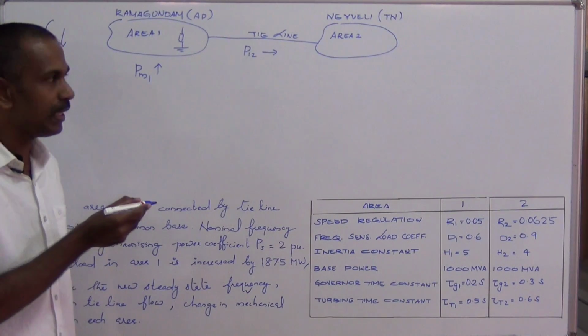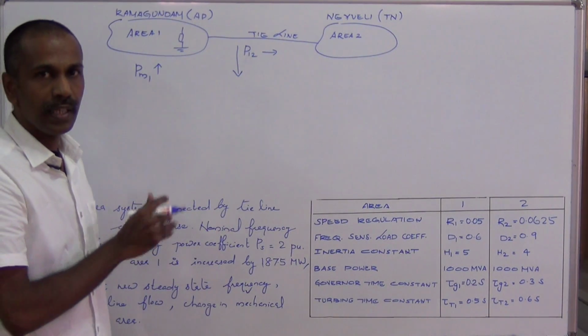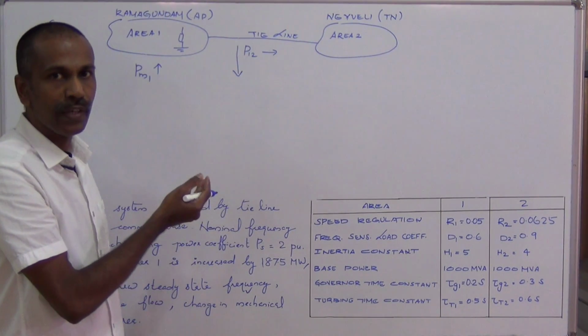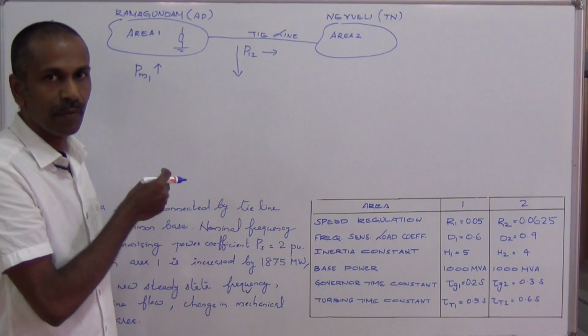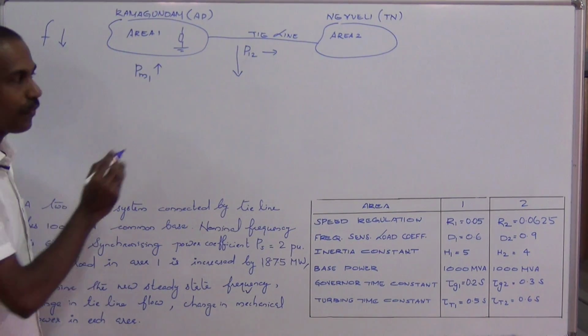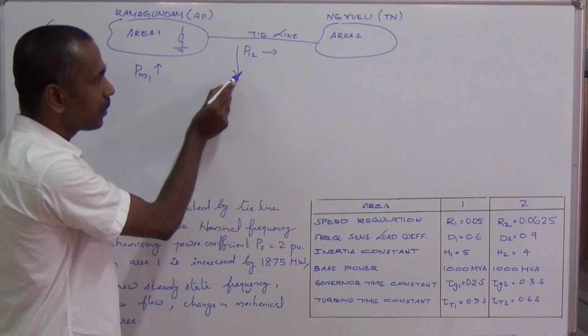The second possibility is we can reduce this tie line flow. Let us reduce the power given to the second area, because now we do not have the surplus power, because we are in need of additional power. So we cannot give the same power to the second area now. So let us reduce the tie line flow.